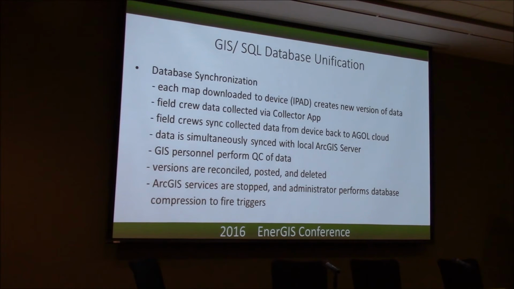Then you have to reconcile, post the data, and then delete the version. In addition, you have to stop all the ArcGIS services. Once all that is done, you can perform the compression. The compression pushes the data through the delta tables into the base table in GIS, and at that point the triggers fire and push the data over to SQL. So it's a lot of stuff happening, but it all works.